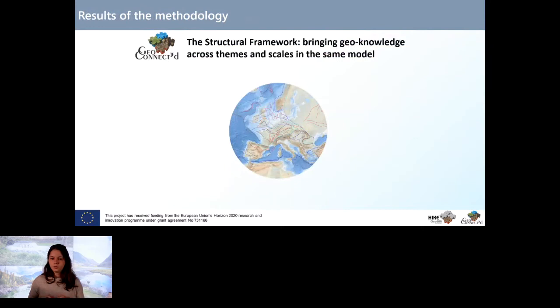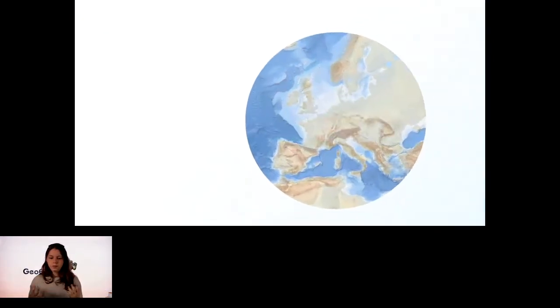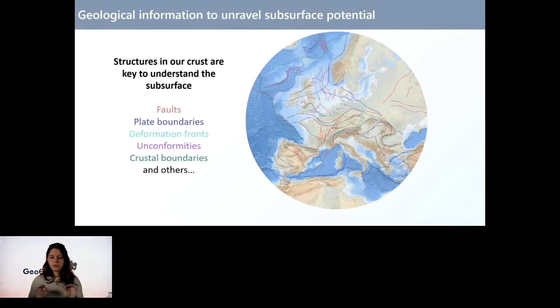So I would now like to dive a bit into the resulting framework to show you how it is. So starting from a pan-European scale, we first define, as I said, the structures in the crust, because these are really key to understand the subsurface. They represent the limits to these geological building blocks.